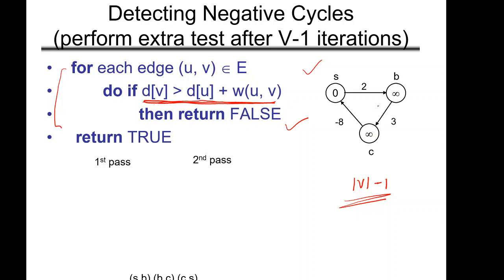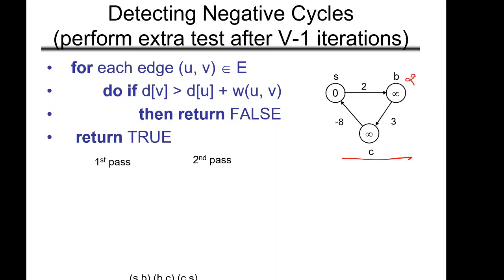Let's assume this case. If we run our shortest path algorithm on this graph, after pass 1 we will say that the weight at B is 2, right? So we will change it to 2, and then we can say that we can reach from B to C and the weight is 5.